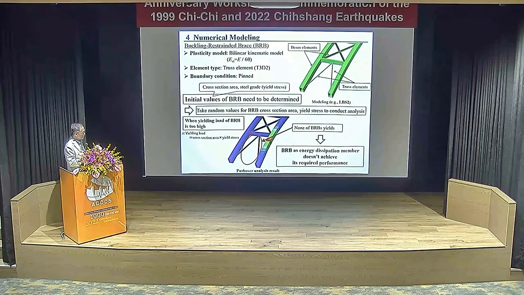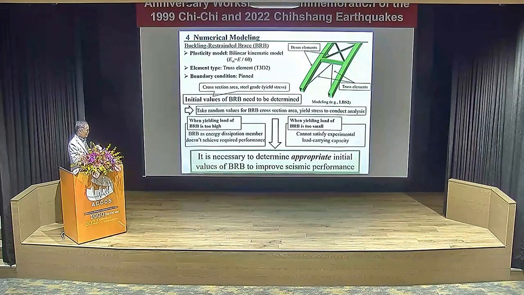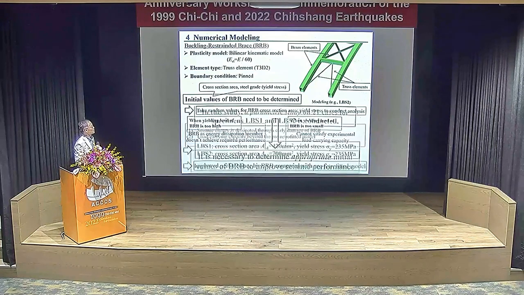When the yield load is too high, the BRB is not observed to yield. And if the yield load is too small, the load carrier capacity decreases significantly. So it is necessary to determine the appropriate initial values of the BRB to improve the seismic performance.